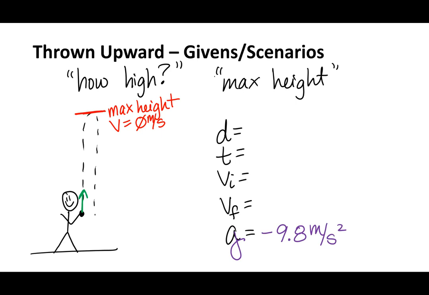And so here we would have some sort of positive initial velocity. This would either be given to us in a problem or we would be solving for it. Then we know at this very top spot that the velocity is zero at the top. Therefore, that is where our problem would end, and so the final velocity would be zero.